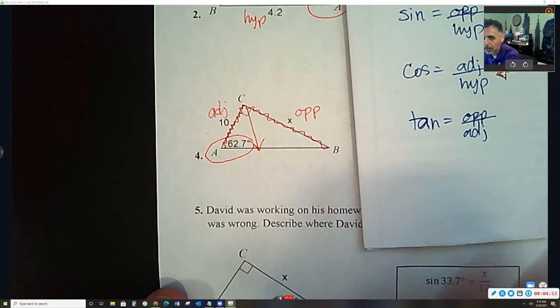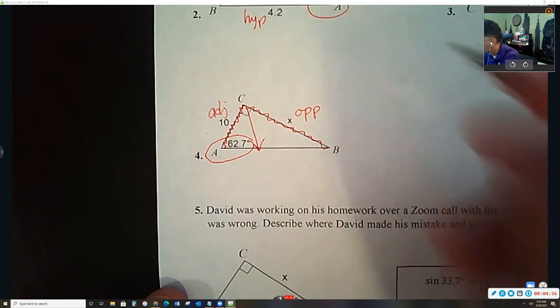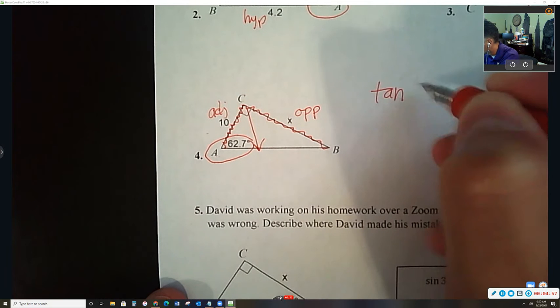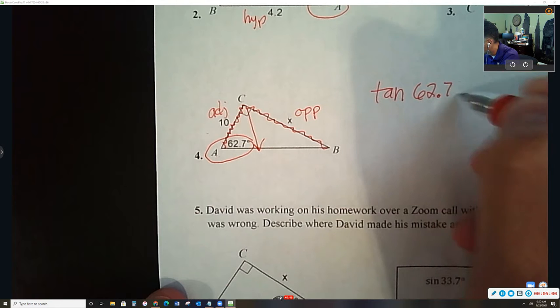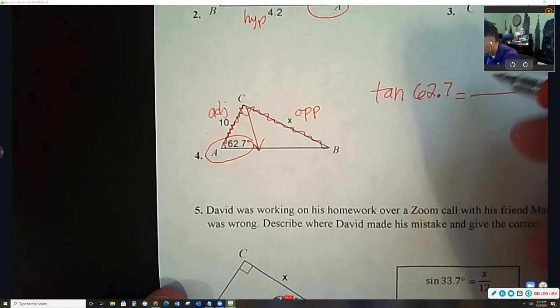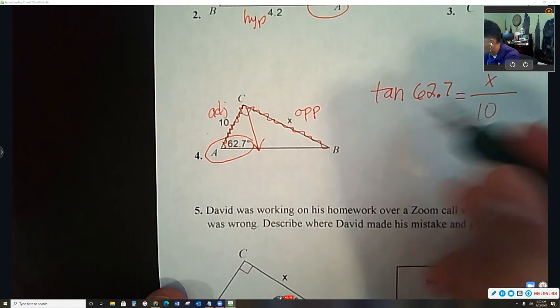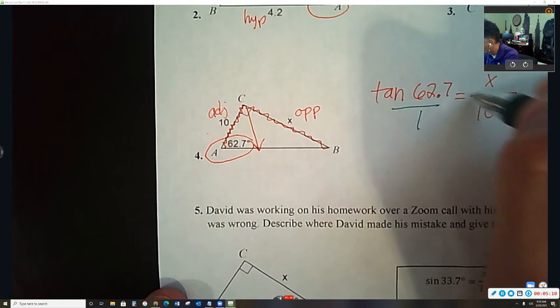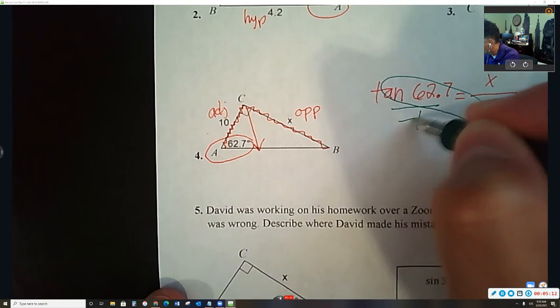Opposite adjacent, there it is. The tan ratio uses opposite adjacent. So I know tangent of angle 62.7 degrees is equal to the ratio opposite. Put a 1 under it, cross multiply so we don't grab the x, divide by what's left over.